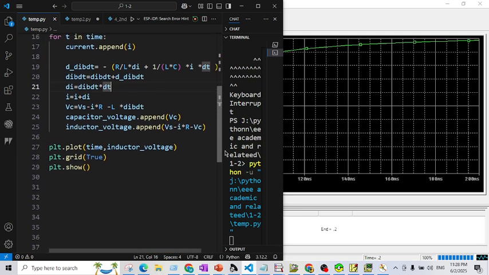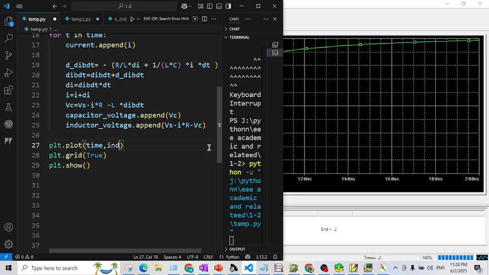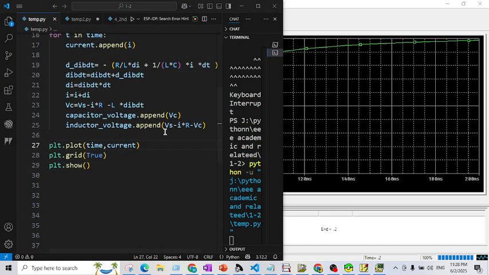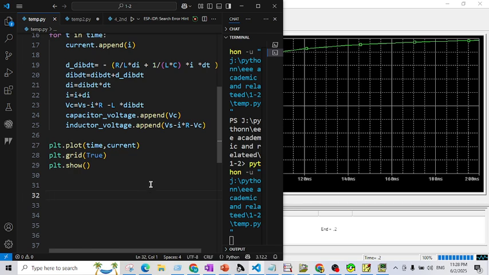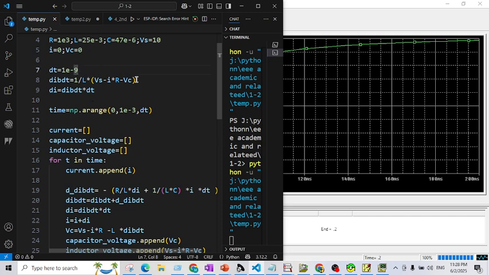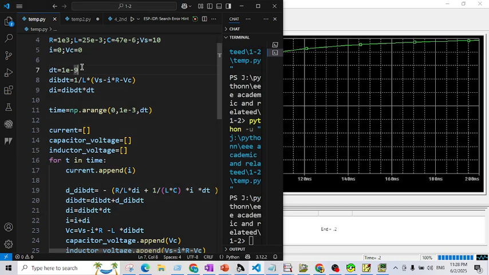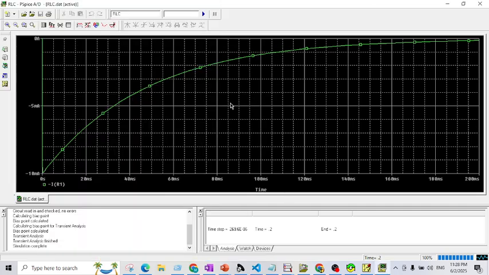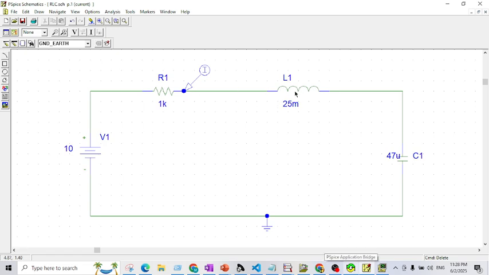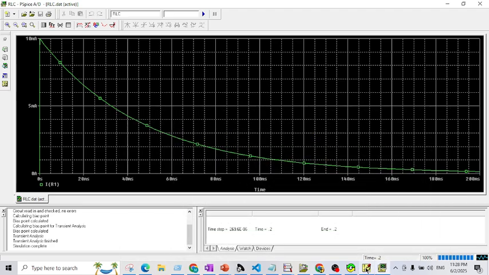If I take the current, okay, this is my graph, right? It looks similar.